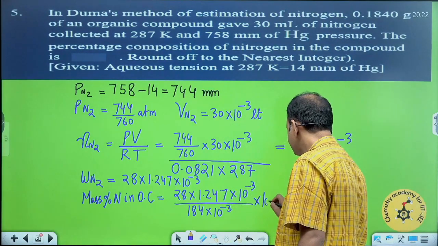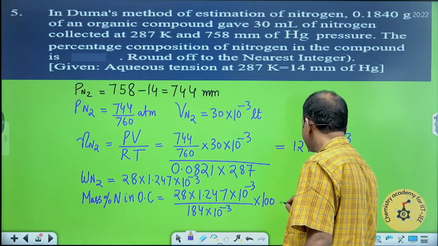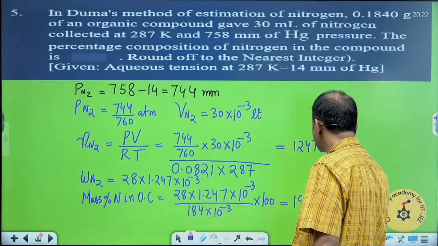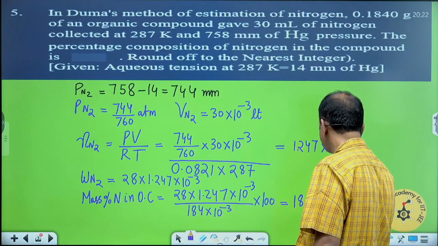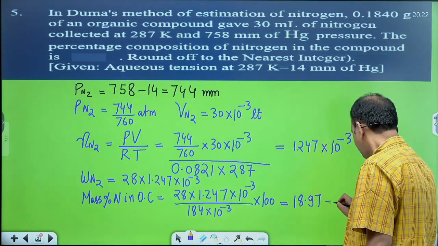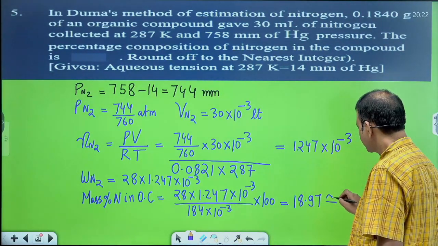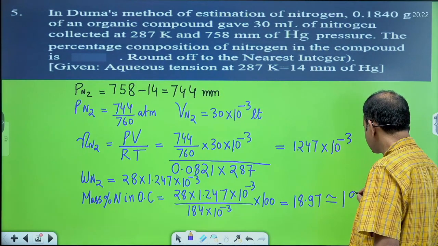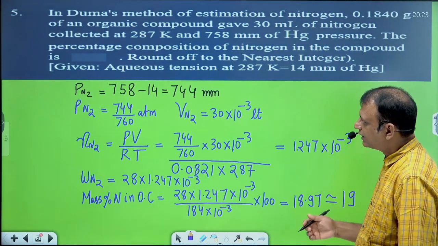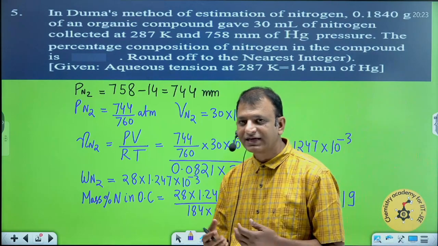If we simplify, we get exactly 18.97, and we have to write up to the nearest integer. So from here this answer will be 19, and NTA has given 19 as the answer.